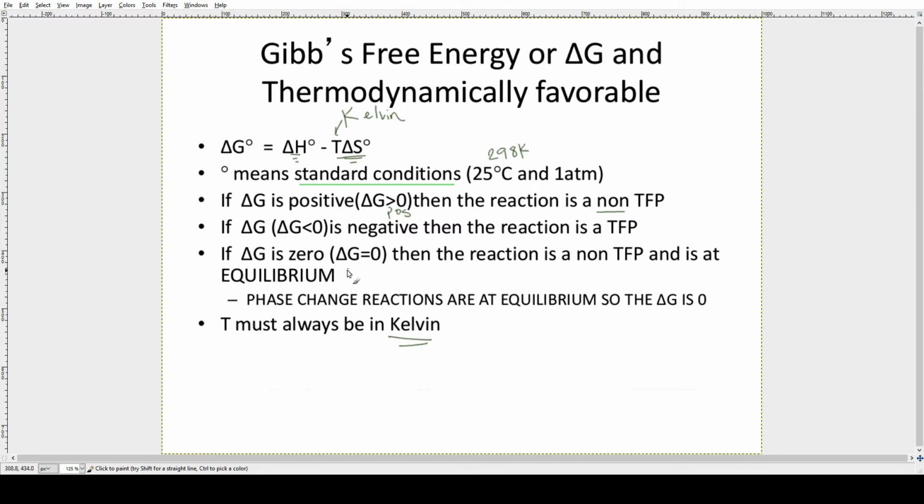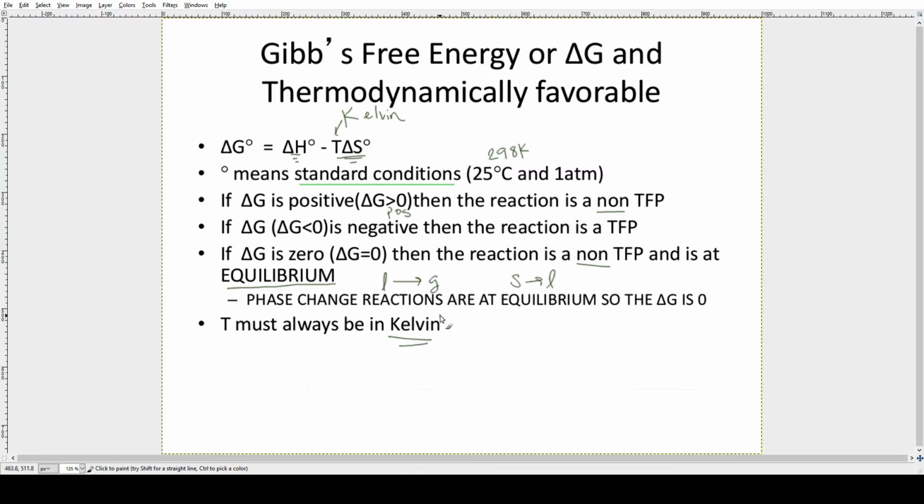Now, if delta G is equal to 0, then the reaction is not thermodynamically favorable, so this is not a less than or equal to situation. If it is equal to 0, then it's not favorable, and it's also at equilibrium. Phase changes, like liquids converting to gases or solids converting to liquids, and the reverse, are at equilibrium, so the delta G is 0.